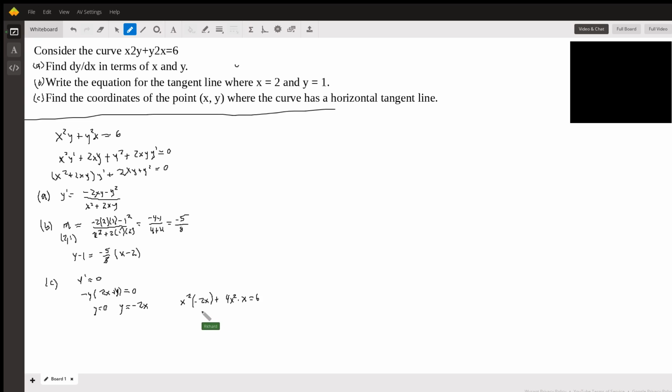And this is going to give me negative 2x cubed plus 4x cubed equals 6. And that's going to give me 2x cubed equals 6. So x would be the cube root of 3.